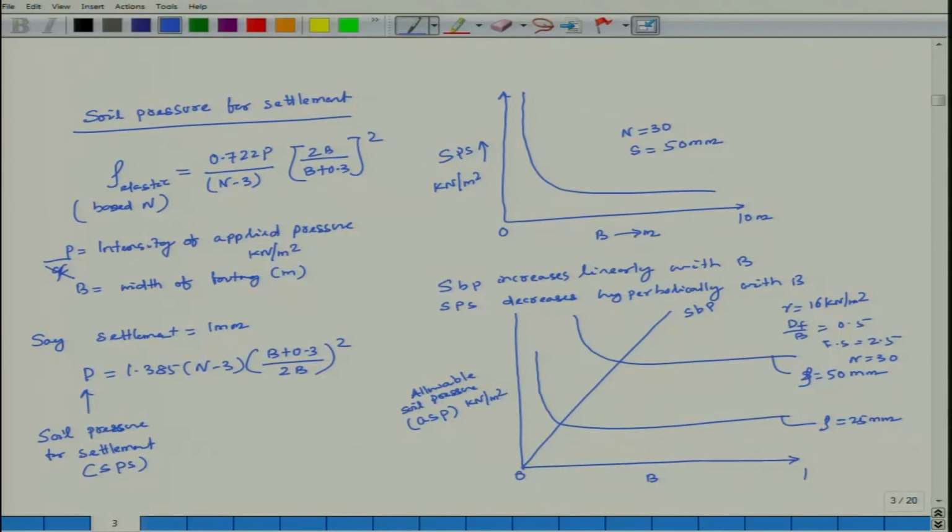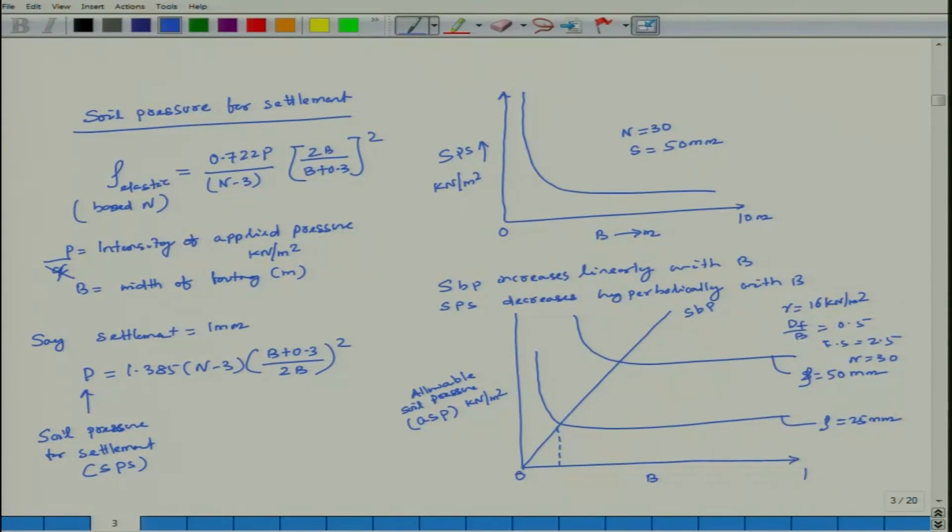Generally what will happen if I draw it here? Let me put it in such a way that if you understand this, then later there will not be any problem.